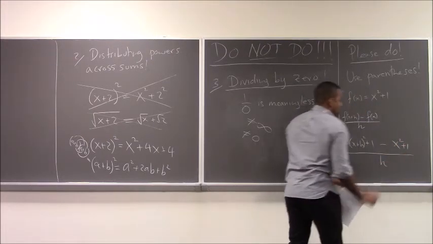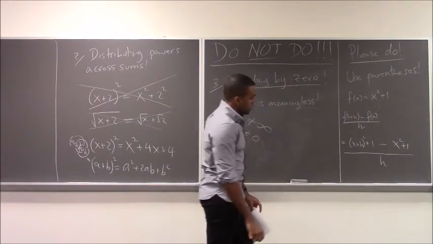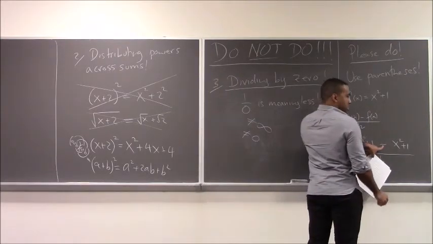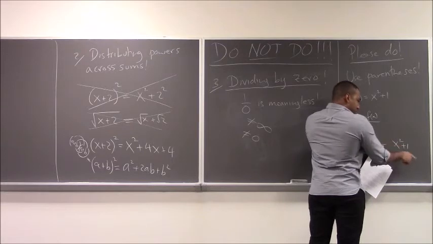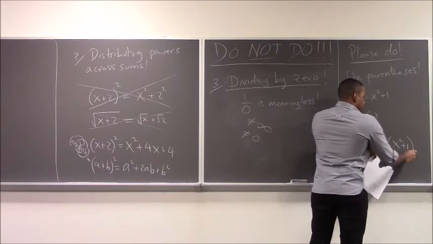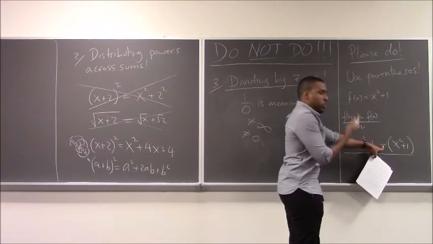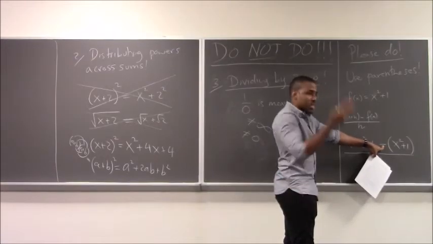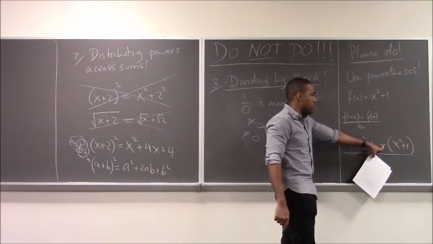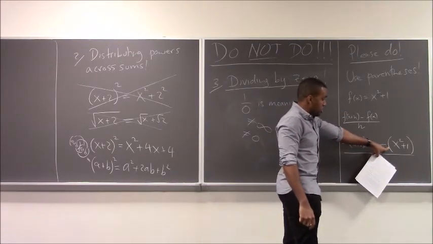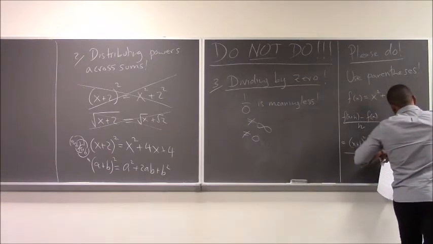So here's one way in which parentheses are super important. When you're subtracting something, if it has several terms, right? Even if it's one thing, just put the parentheses in. Once you're subtracting something, just put it in parentheses, just to be safe. It's super important to put parentheses there.